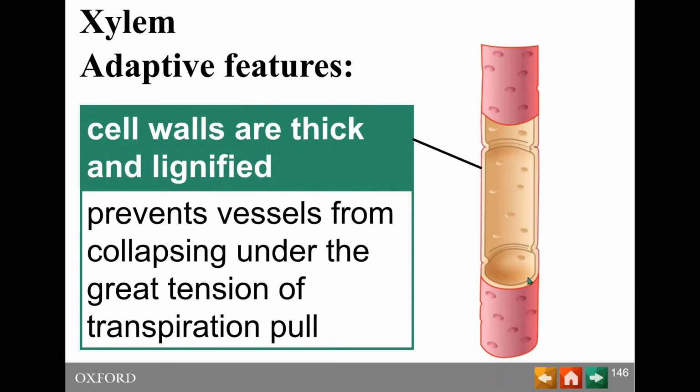Second is that xylem vessels possess thick and lignified cell walls. This feature prevents the vessels from collapsing under the great tension of the transpiration pull. So what does this mean?